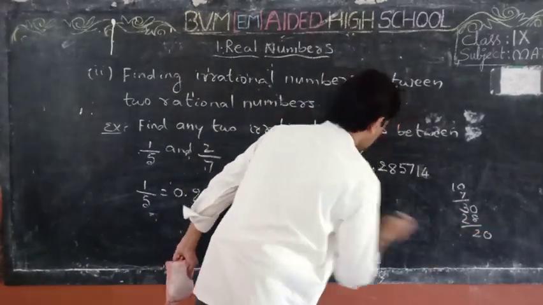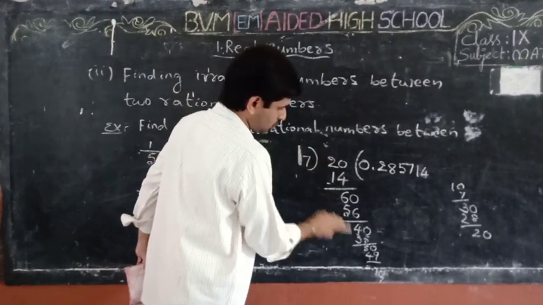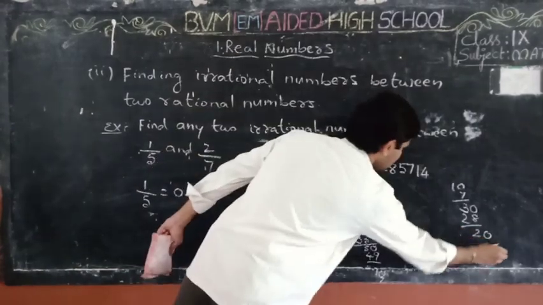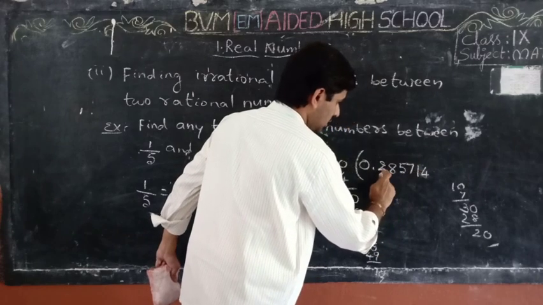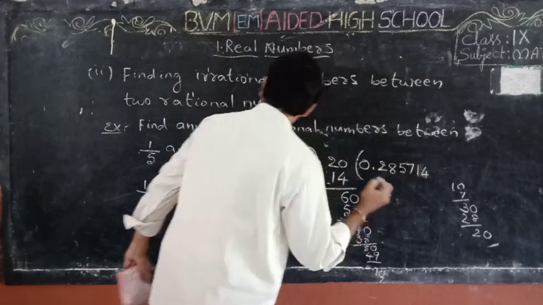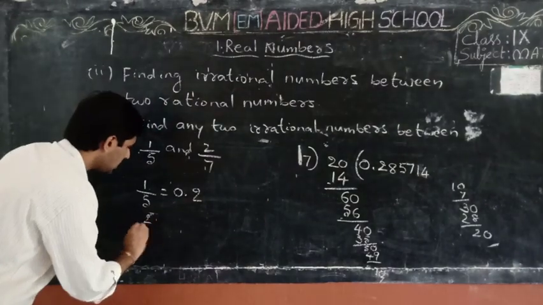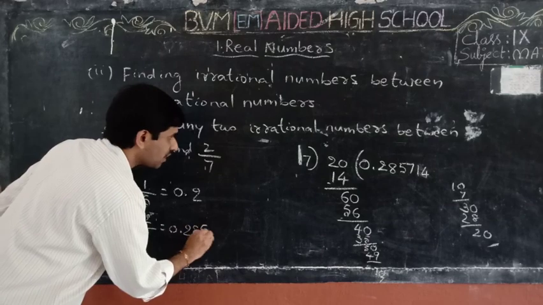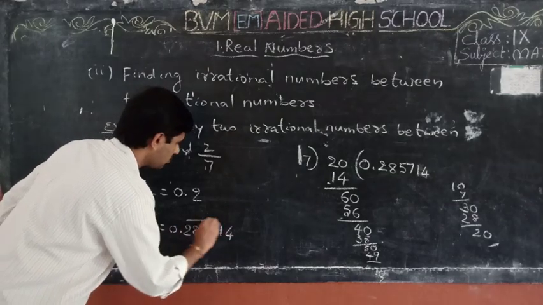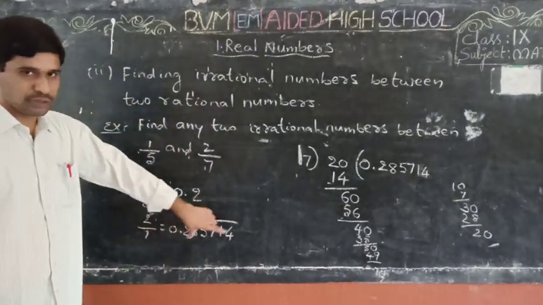Now 20. Again you come to the first point, 20. That means this pattern will be repeated: 2 8 5 7 1 4 will be repeated. That means 2 by 7 means 0.285714 bar. That means this pattern will be repeated.